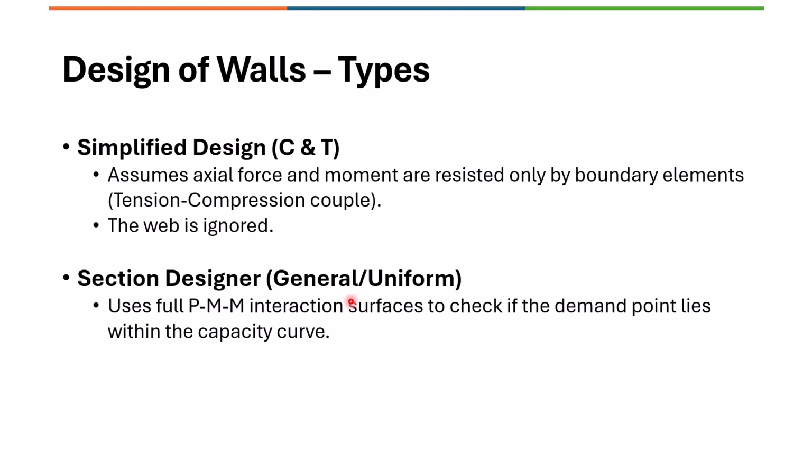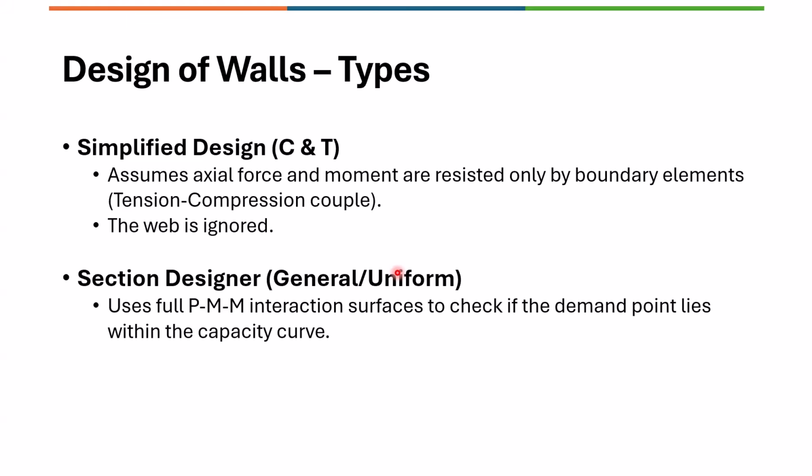It generates the PMM interaction surface and designs for all the combinations by plotting the demand forces P, M2, and M3. If this point lies within the PM interaction surface for the range of specified IP min or IP max in the design preferences, then the design is safe.